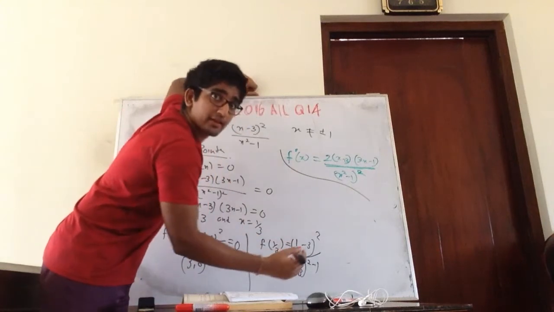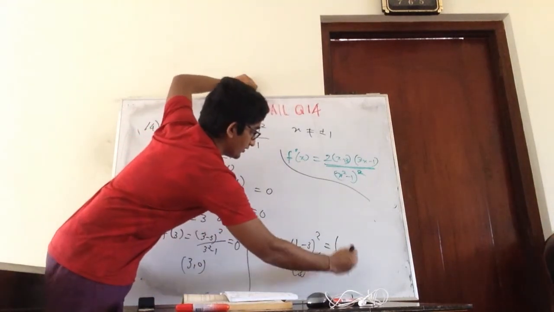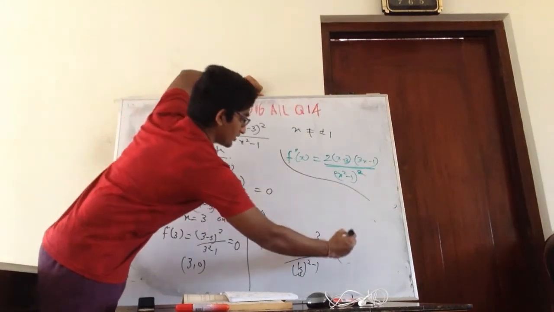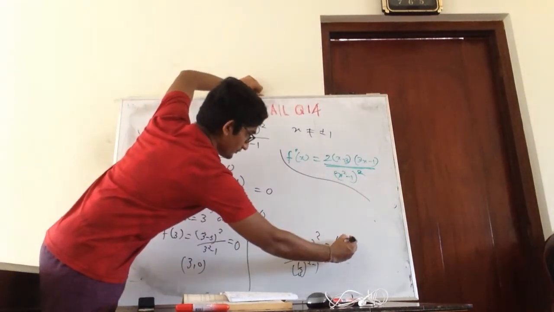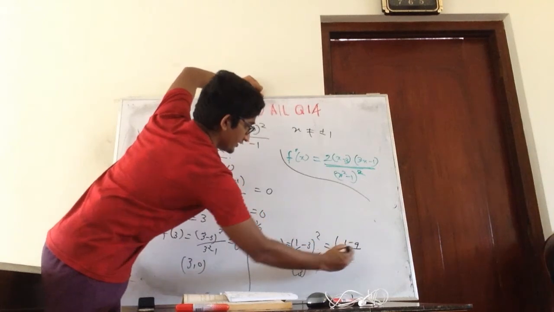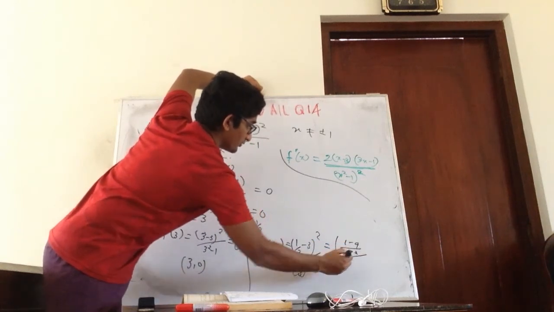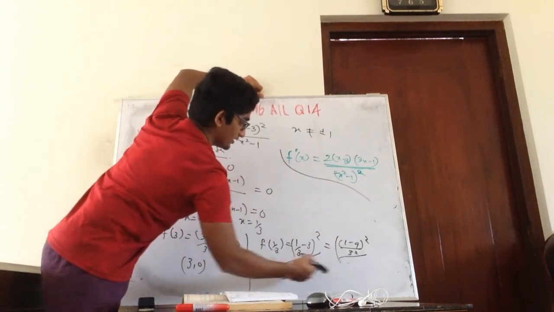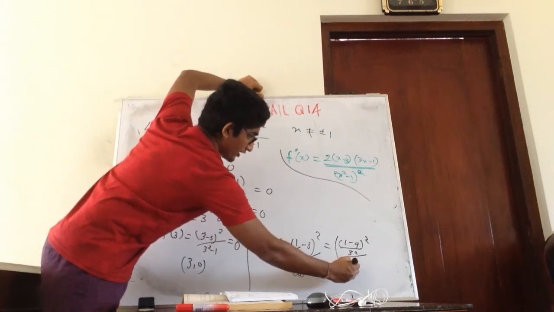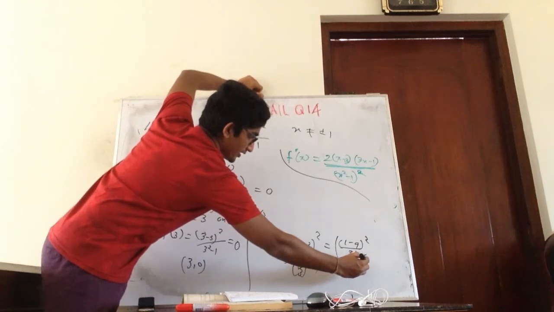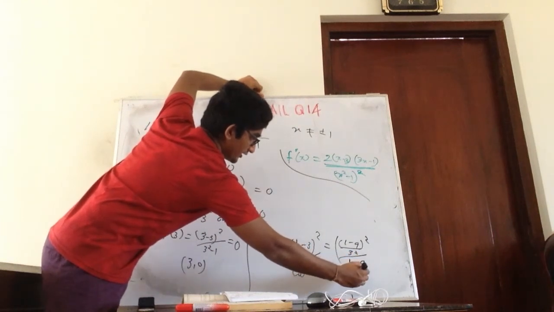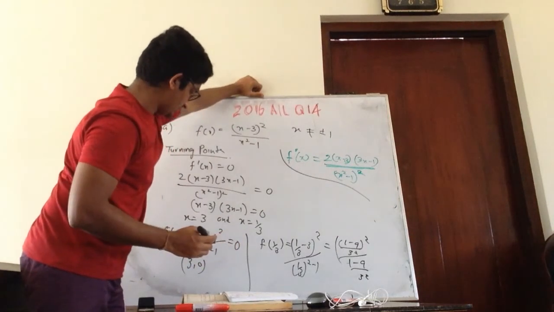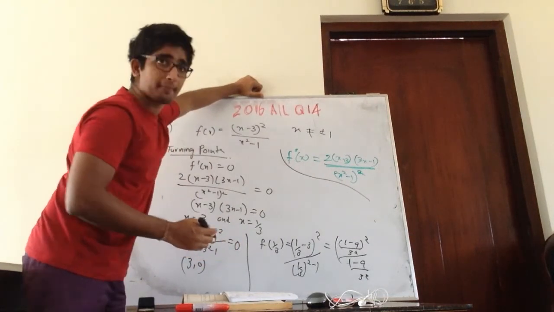Then I take 1 over 3 out, so I will get (1 minus 9) over 3, squared, over 1 over 9 minus 1.